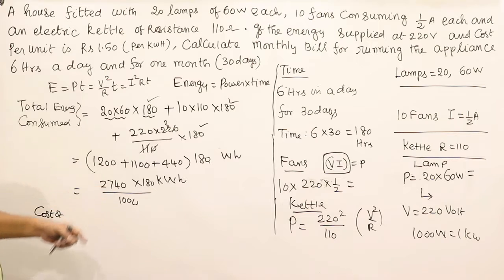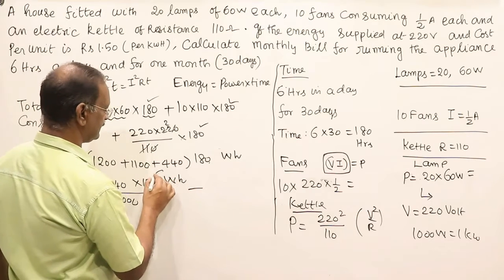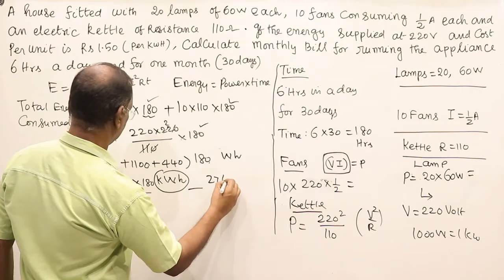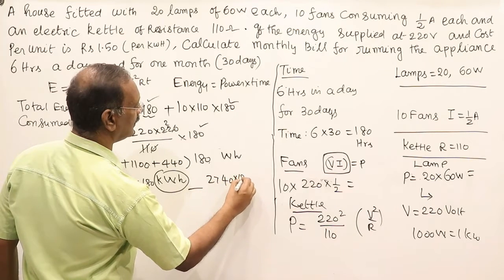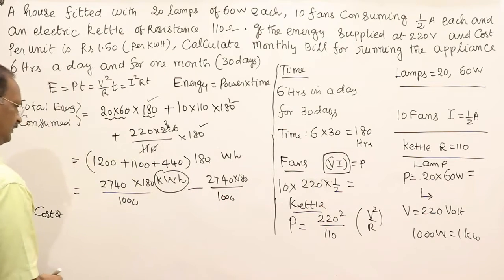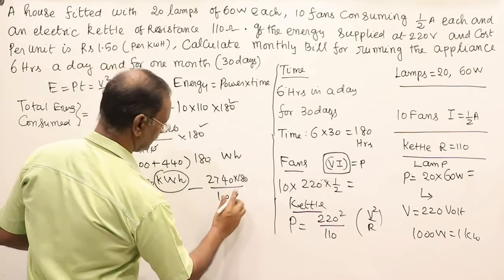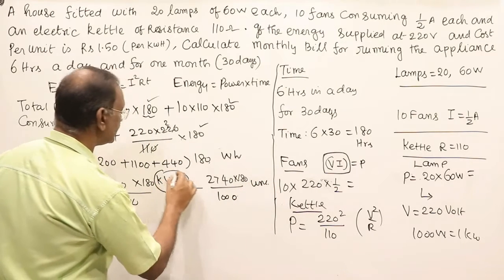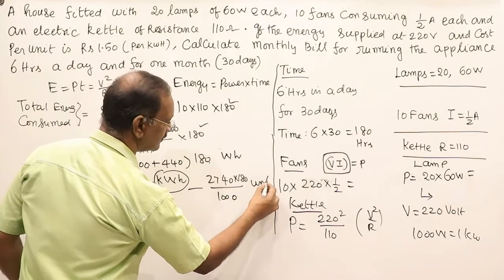This is 1 unit. This refers to 2740 into 180 divided by 1000, because this kilowatt hour can be replaced by unit.